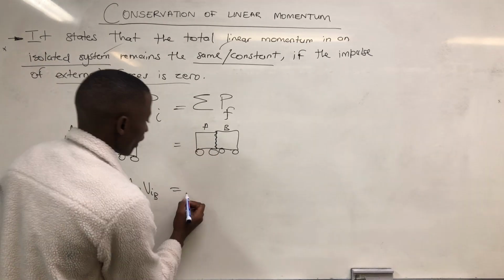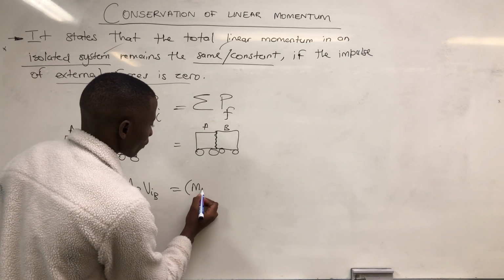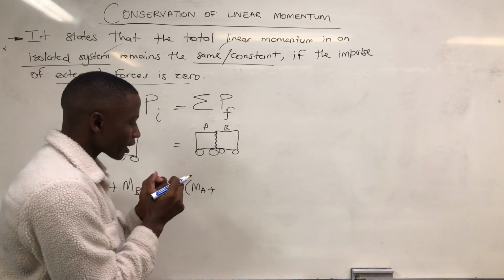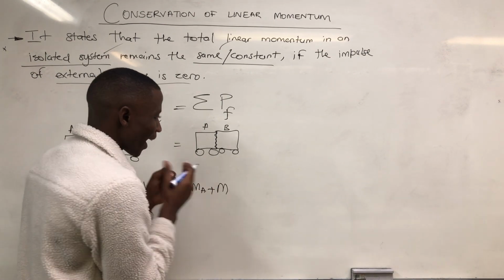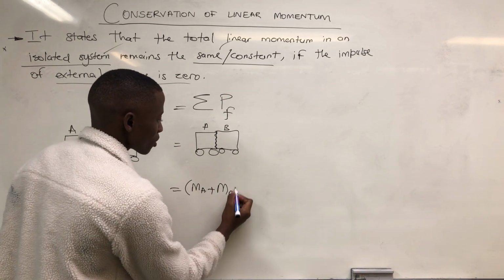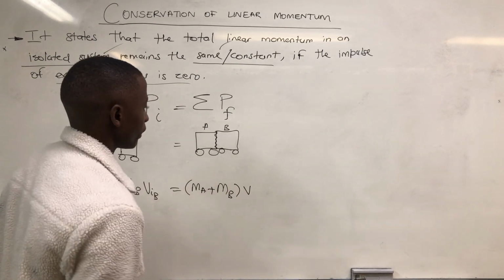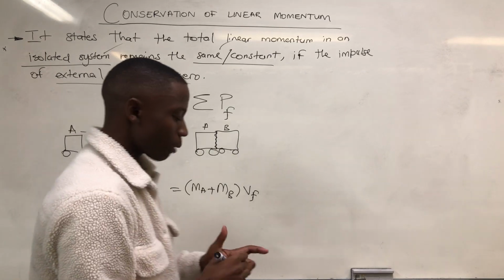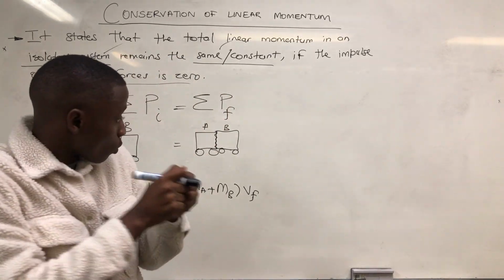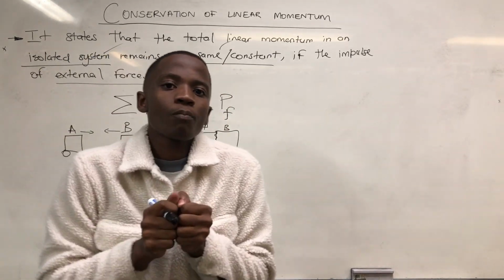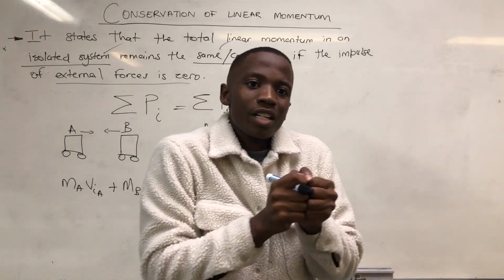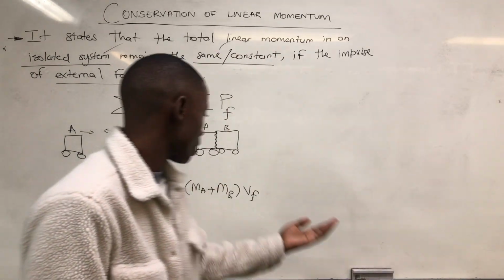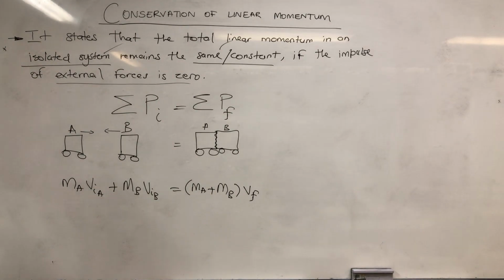So the mass of A is in contact with the mass of B. We are going to add both masses to make things very easy and clear. If the objects are moving together, either west or east, they are going to have the very same velocity, which is your final velocity, and that's how it goes.